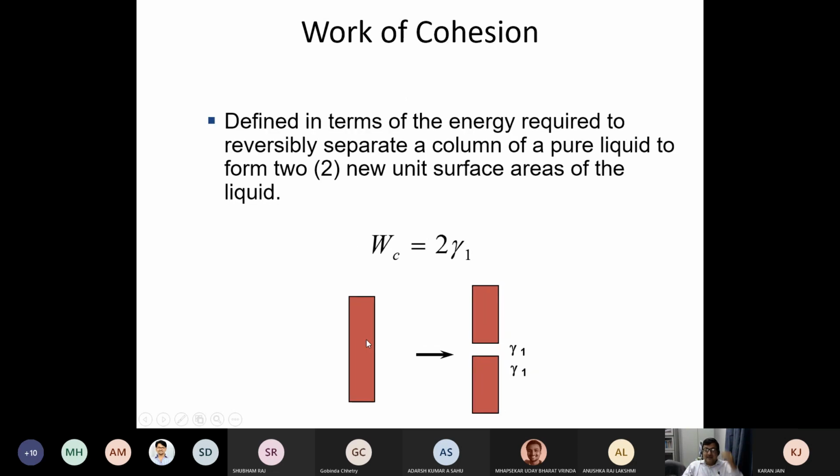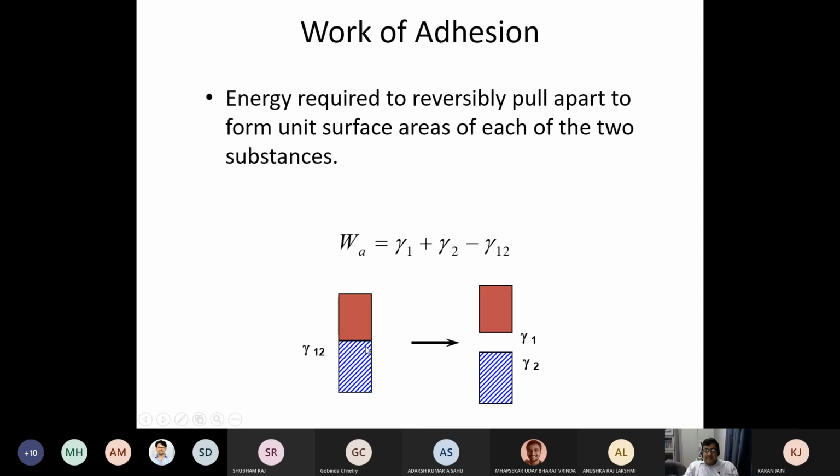Same here for the work of adhesion. In this situation, what is happening? Say you are looking at a process from here to here. Initially, the energy was at this place, you had gamma 1,2. Finally, the rest of the surface energies remain the same. They will cancel out here, this will cancel out that, so all these other surfaces will cancel out.